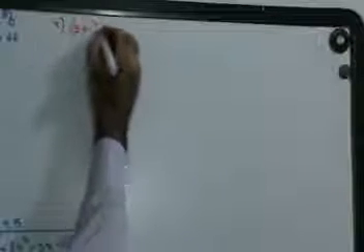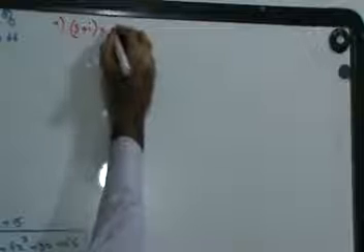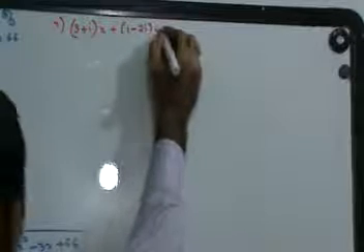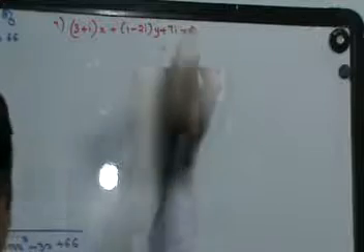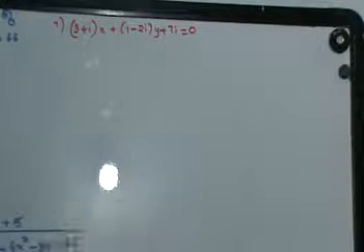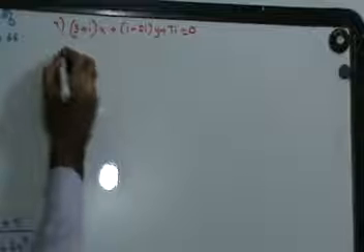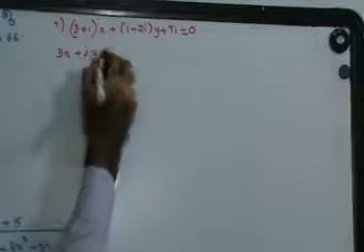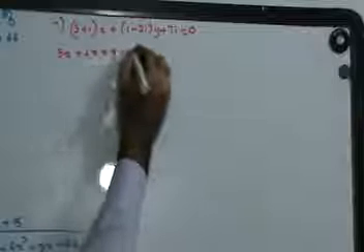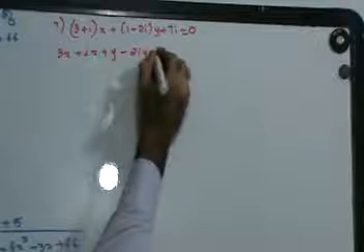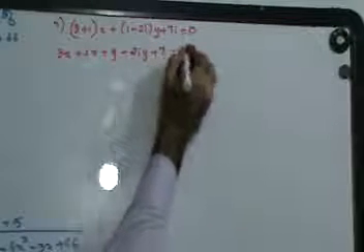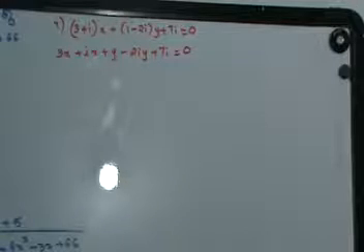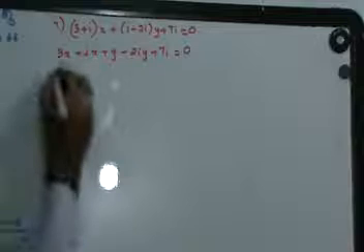Plus i into x plus 1 minus 2i into y plus 7i is 0. Now, open the bracket. 3x plus ix plus y minus 2iy plus 7i is 0. Now, write the non-I terms together and the I terms together.